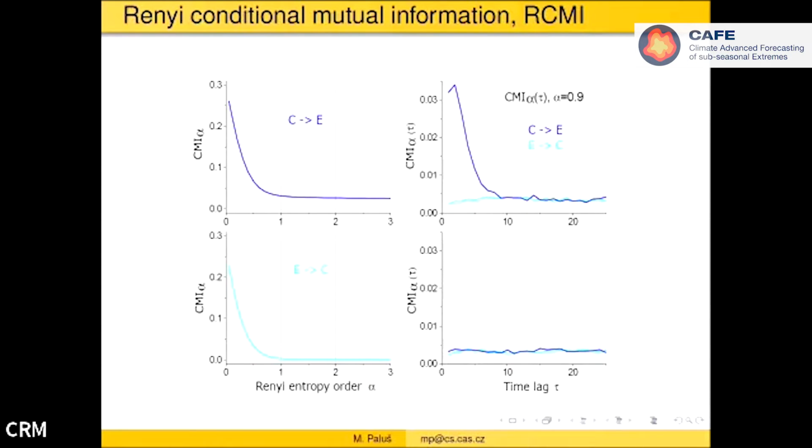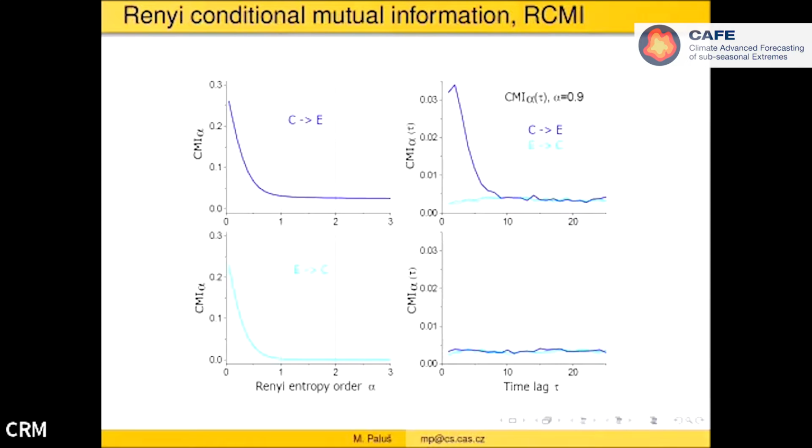And we can see that although the values are smaller, the behavior is practically the same. So if we look just at the estimates, we know nothing because there is some kind of behavior of the estimator. So we need to do some statistical testing of these values.